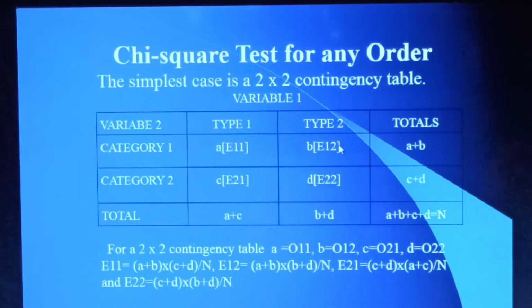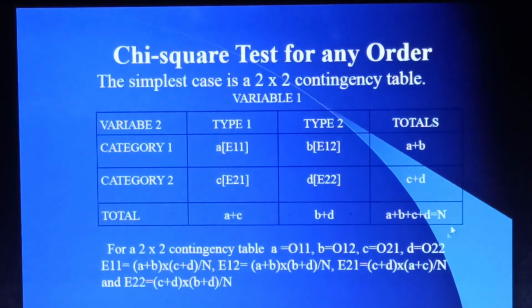That is E12, E21, E22. So these are observed and these are expected. That is how the expected are computed. The expected value E11 can be calculated as the marginal column total A plus C multiplied by the marginal row total A plus B, divided by n. So we get E11, and so on, E12, E22, and E21.